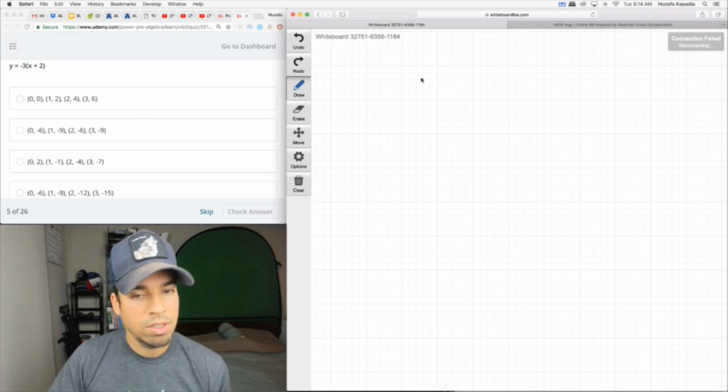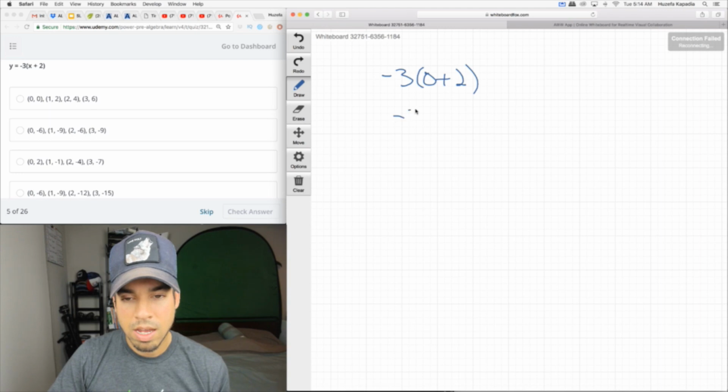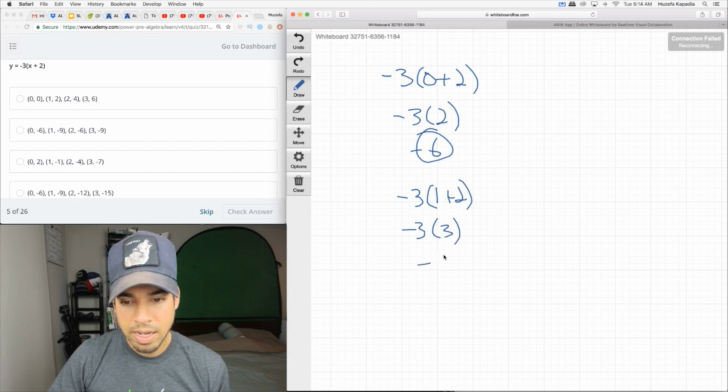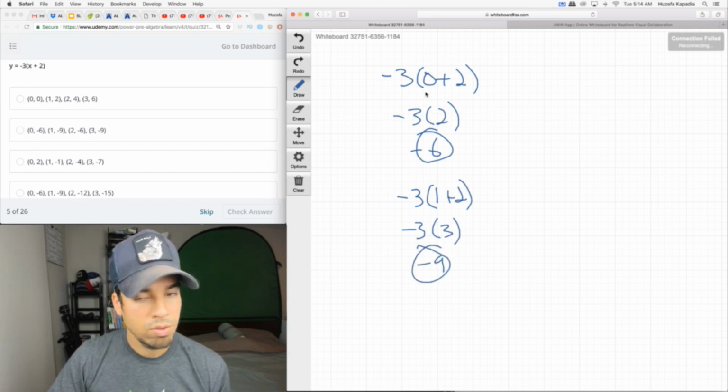So 0, negative 6: if we plug in 0, we get negative 3 times 2, which is negative 6, and that's right. Now it's 1, negative 9. And indeed, we're going to get negative 9 there. Now it's 2, negative 12.